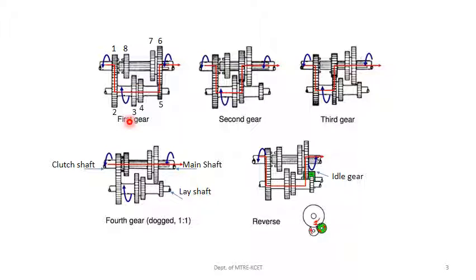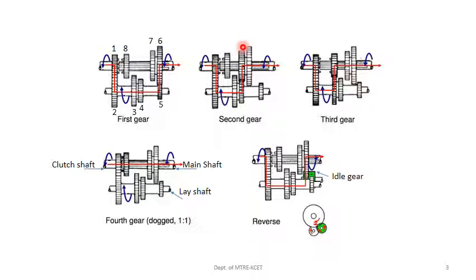Then the second gear is achieved if the driver moves the selector mechanism of the gear lever first to the neutral position, then moves the gear lever to the second position. The selector mechanism lever is connected with the dog clutch assembly.